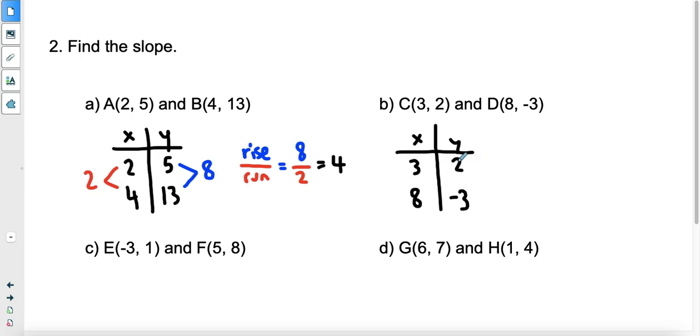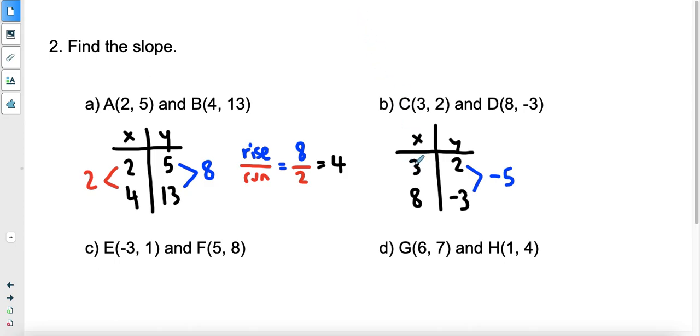Now, my y value goes down from 2 to negative 3. To go from 2 to negative 3, we have to subtract 5, right? So my rise is negative 5. Next, we want to look at the x values.